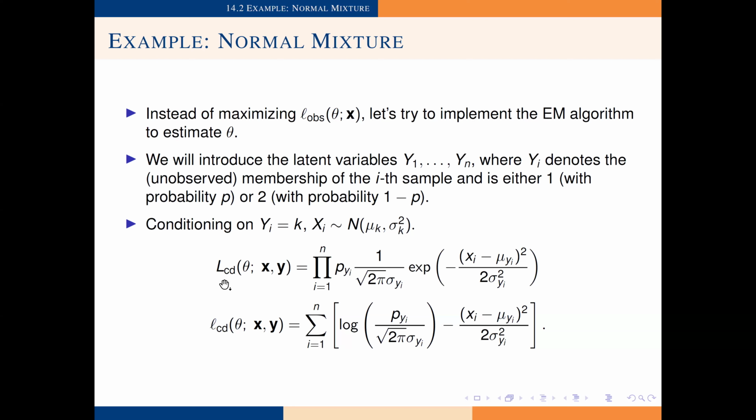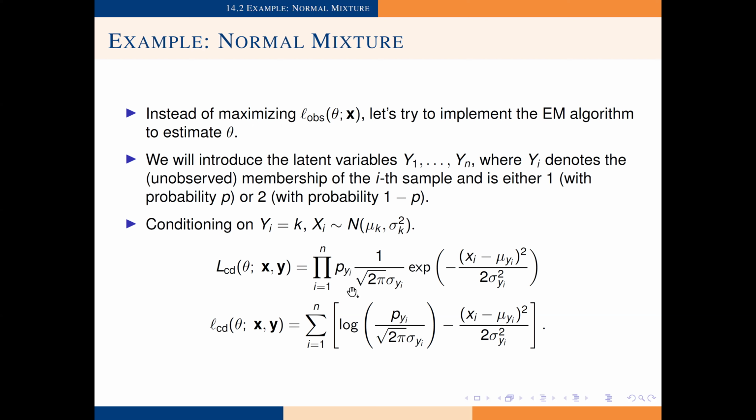The likelihood is the product over all n samples of the probability that someone stems from his or her particular class, the yi class, times the corresponding normal PDF for that particular class.